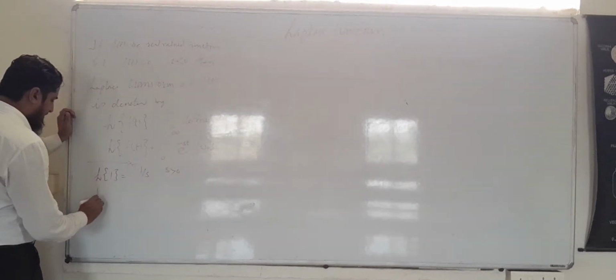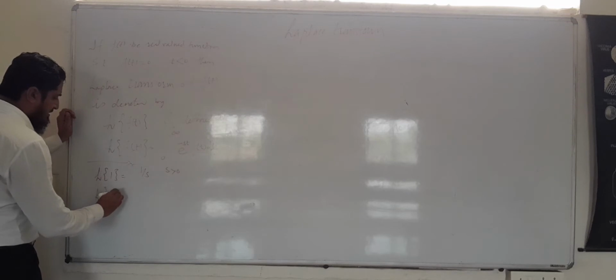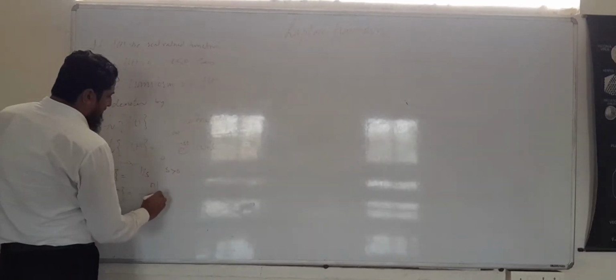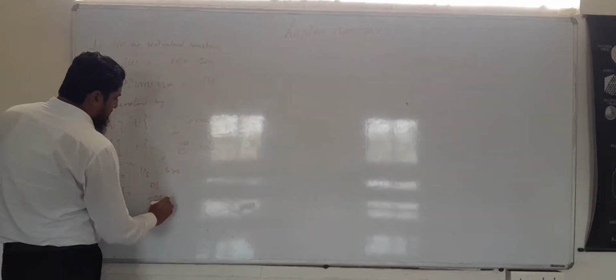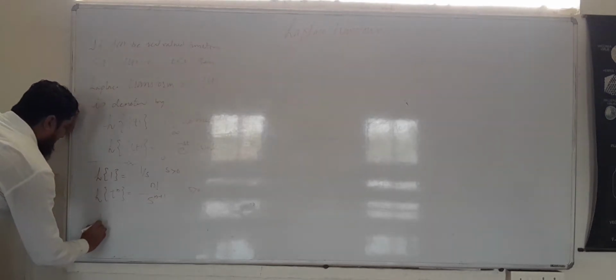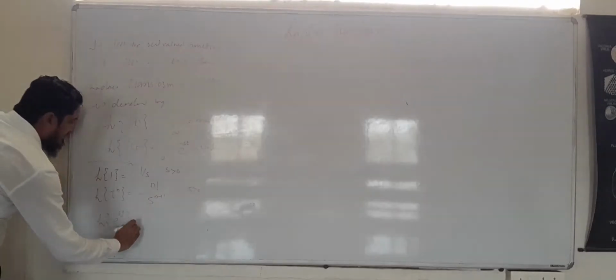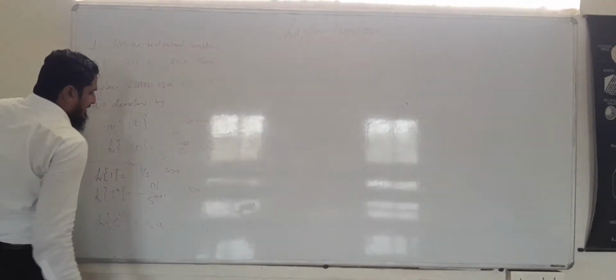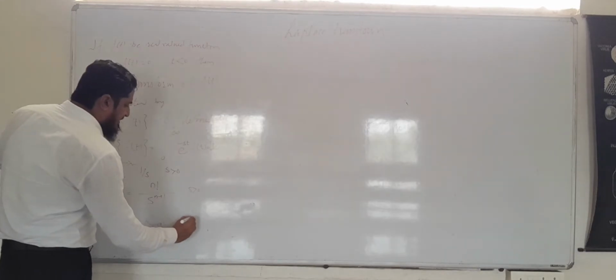Then we have seen the Laplace transform of t raised to n, which gives n factorial upon s raised to n plus 1, again s is greater than 0. Then the Laplace transform of e raised to at, and we get 1 upon s minus a, where s is greater than a.